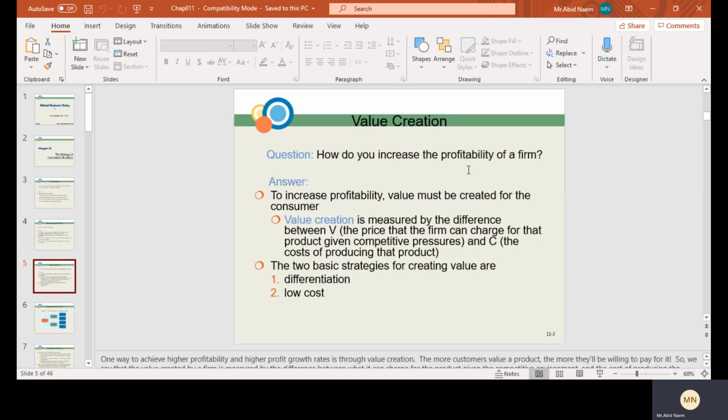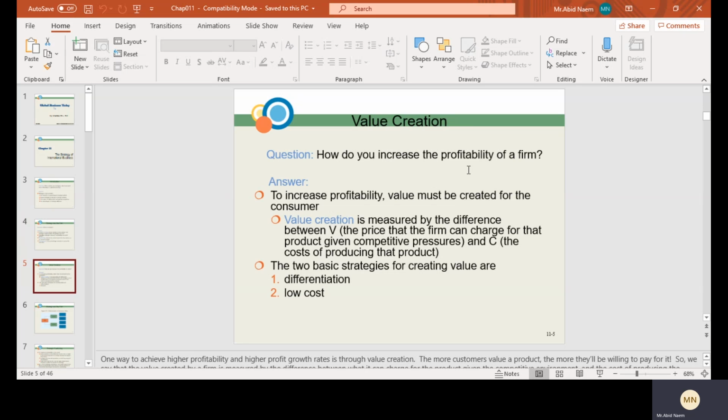Now let's try to understand the concept of value creation, because value creation translates into the profitability of a firm. So as a marketing firm or as a business owner, you have to understand that to increase profitability, value must be created for consumers.